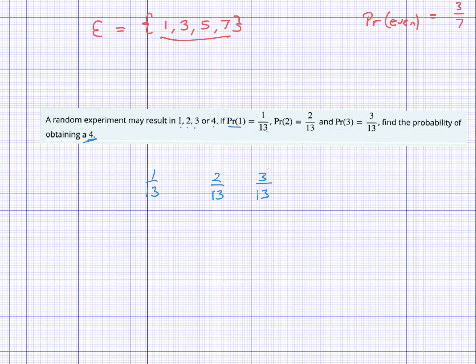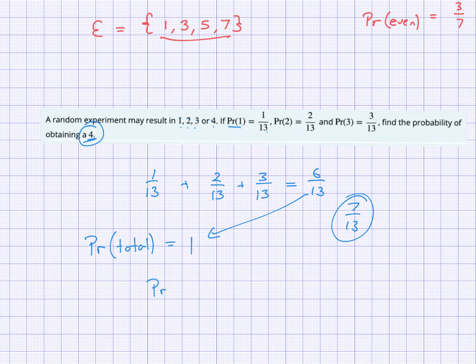And that means that at the end of the day, the total probability has to equal 1. So if I add up the chances of these 3, 1 plus 2 plus 3 is 6 13ths. What's left over to make it up to 1 is 7 13ths. That 7 13ths must be the chance of getting the last result. So the probability of a 4 is 7 13ths.